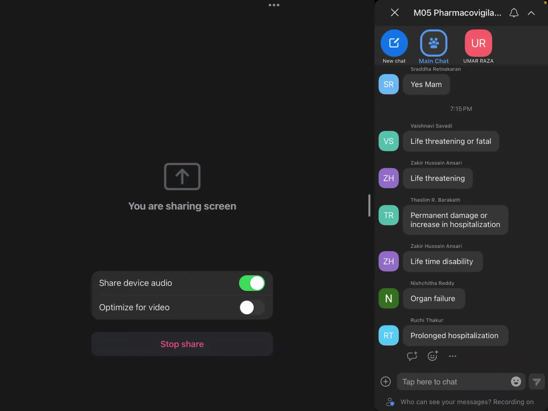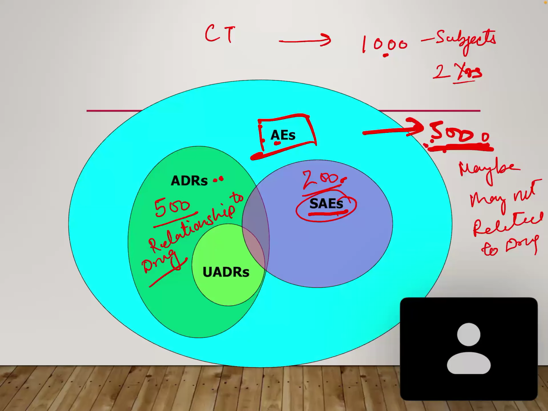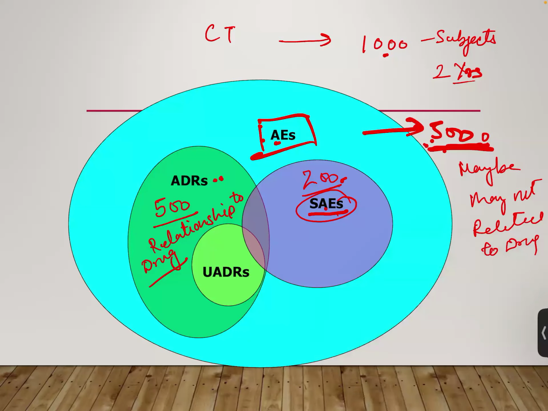So where are the slides? Here, out of these 200, some may fall in the serious adverse event category. Now can you see, this is overlapping. Maybe just 5 out of these may fall in the category where they are serious and also reactions.